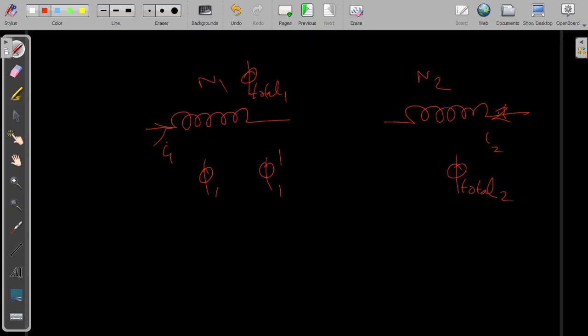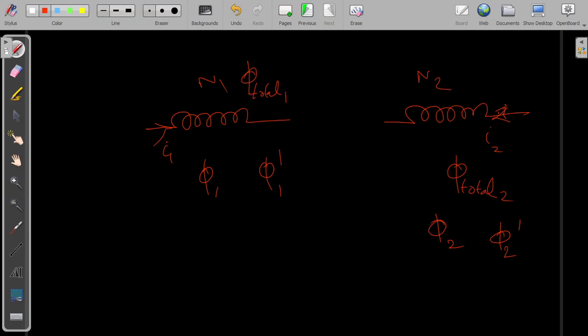Similarly, a part of this phi total 2, that is phi 2, is associated with the same coil 2, and the remaining part, that is phi 2 dash, is linking with the coil 1.